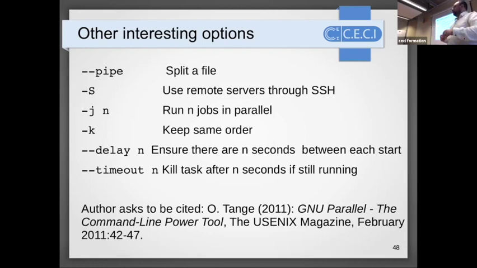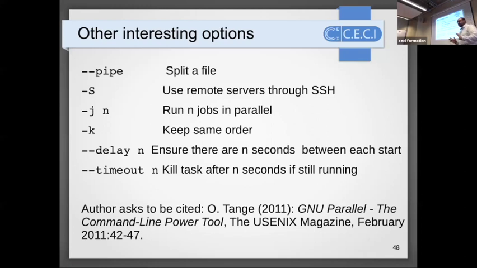And GNU Parallel will distribute the work. It will copy the data that needs to be copied, as long as you have SSH access to the other node. You can specify the maximum number of jobs to run in parallel, just like the capital P in xargs or the -J in make.